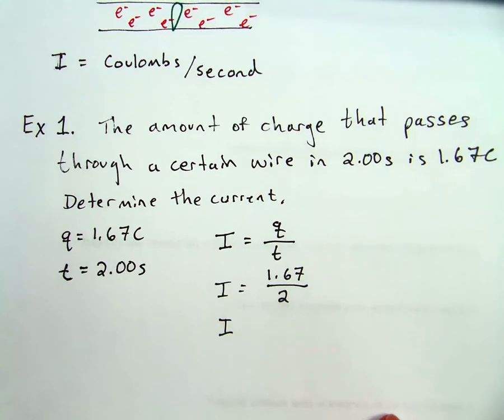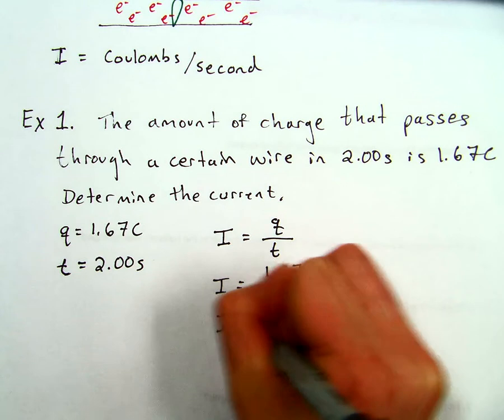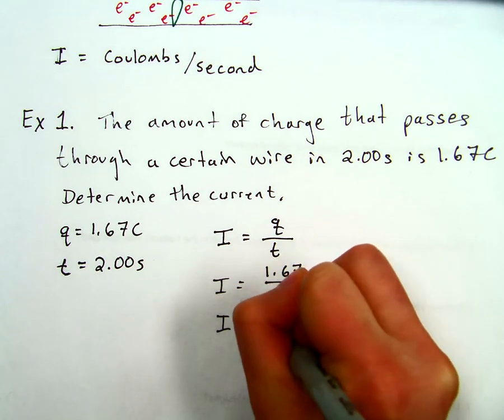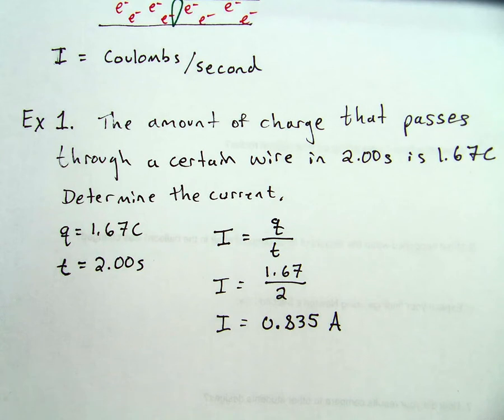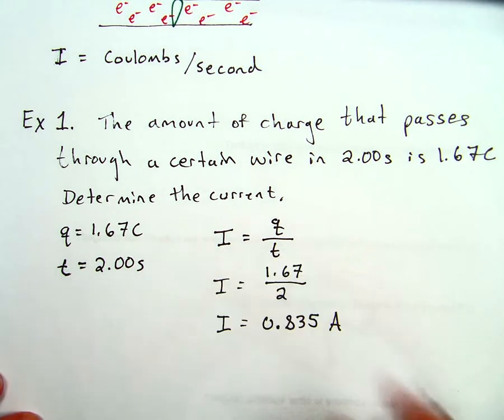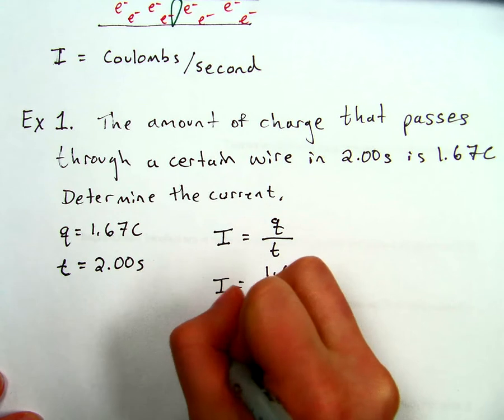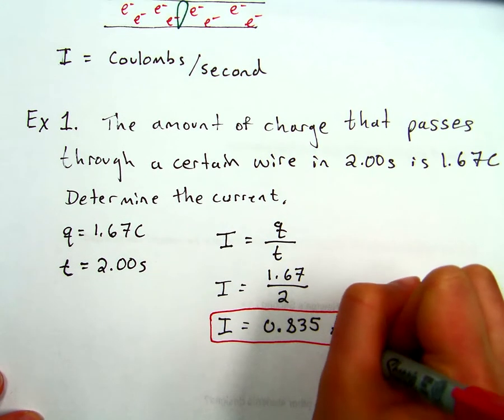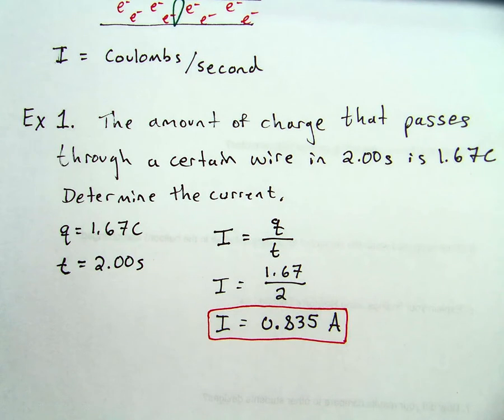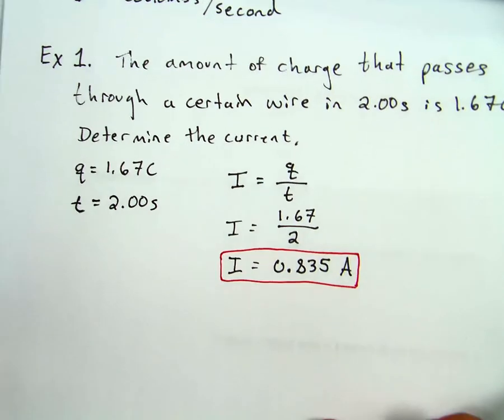And we should get that I is about 0.835 amps. Okay. And so that's as simple as it gets for these problems. You will see a few of these on your WebAssign. So I just wanted you to have an example problem for that.